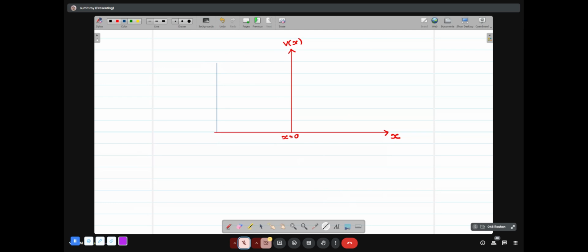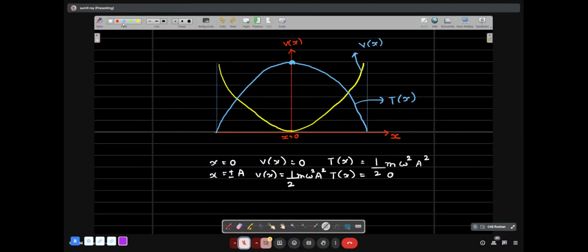What is the total energy at x equals to 0? What is the total energy at extreme? Same. You take any point, like you take this position.